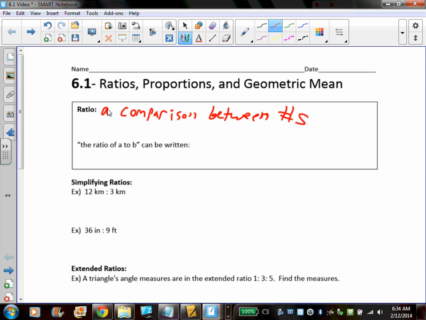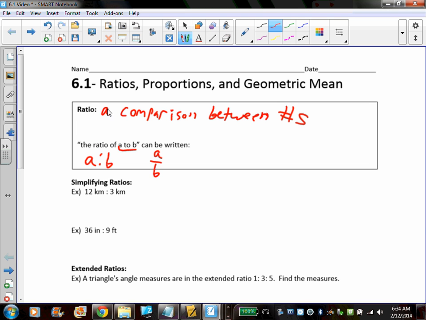That's all it is. If we have the ratio of A to B, we can write this in a number of ways. One way you might remember seeing is with colons, so A to B, like that. We can write it literally as A to B, as the words are. We can also have A over B as a really common way to write it. So we have a few ways to express this.